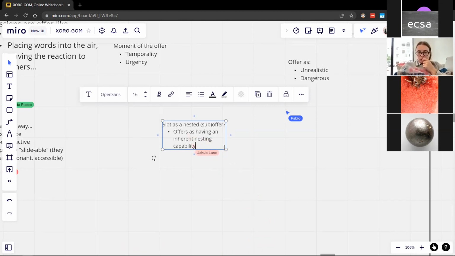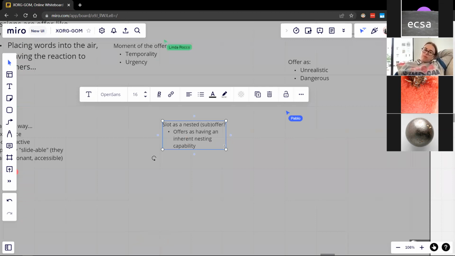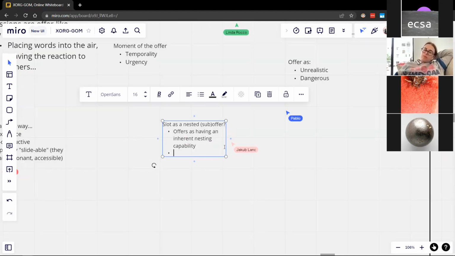So there can be offers within offers. Let's say somebody's offering to make a party, but part of it is that they need a DJ. So there is an inherent offer of also, could you be the DJ? So that's showing the inherent nesting capability.